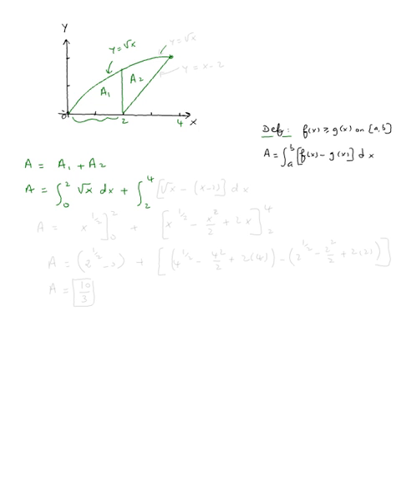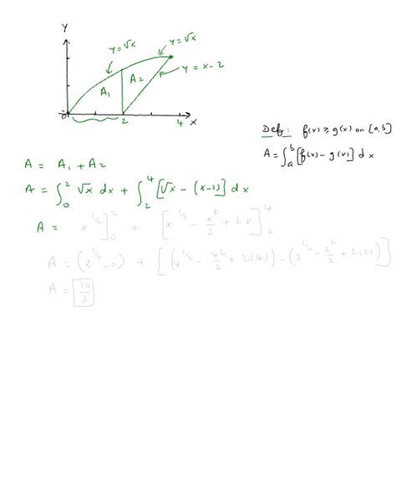of y equals square root of x, right? So it's square root of x minus the function that's below, which is y equals x minus 2, so minus (x minus 2) dx. If we do this, we will still get the same answer, except this is a little bit more work.